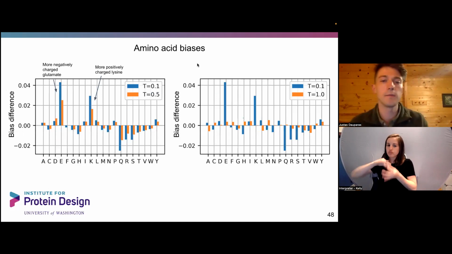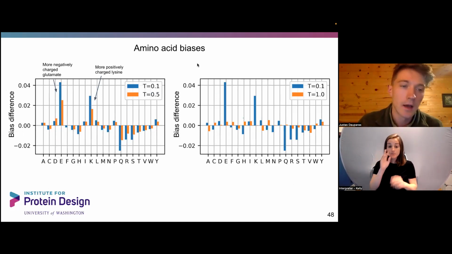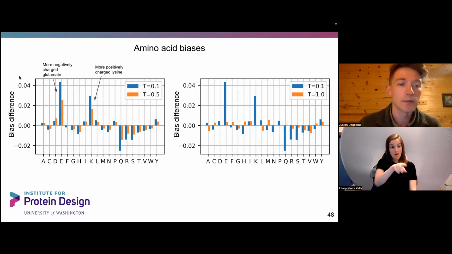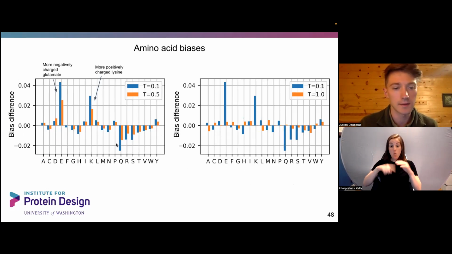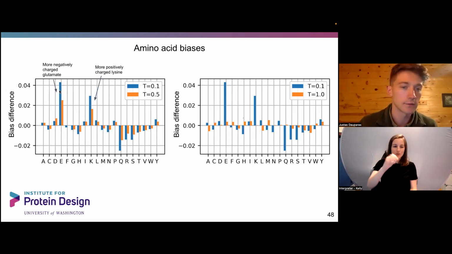If we look at the amino acid biases, in this case I'm plotting the model's bias minus the PDB bias. The things that are above are overrepresented, and the things below are underrepresented. As a function of the temperature, the lower the temperature, the higher the bias. At 0.1, there are more negatively charged glutamates.